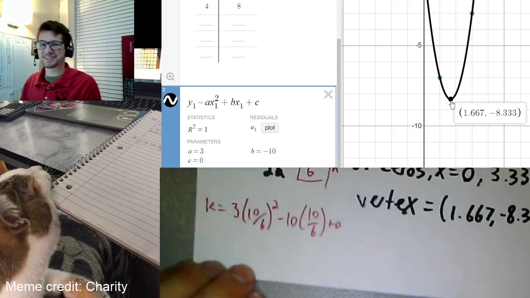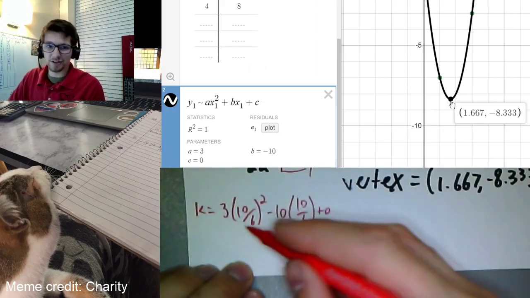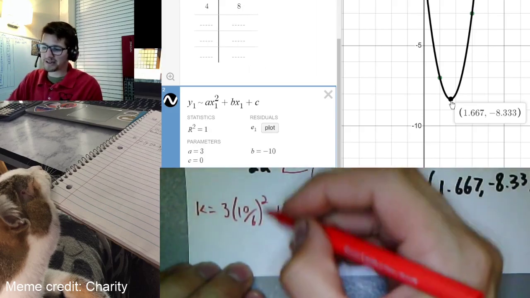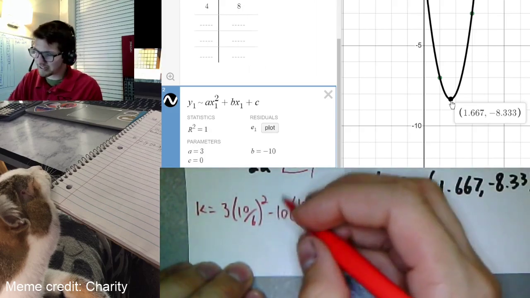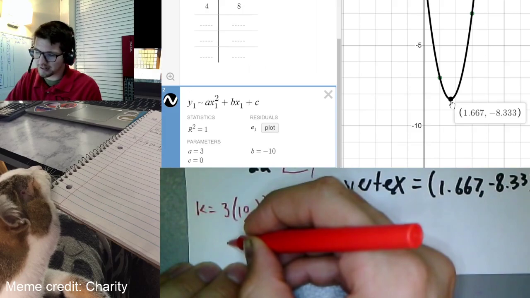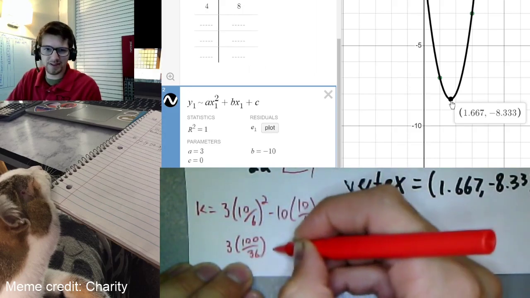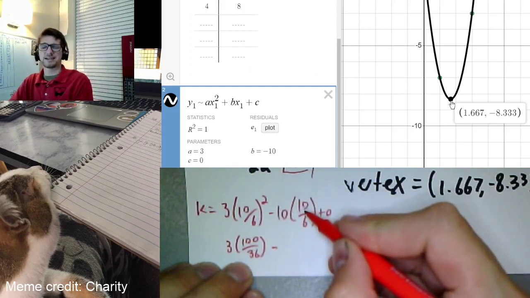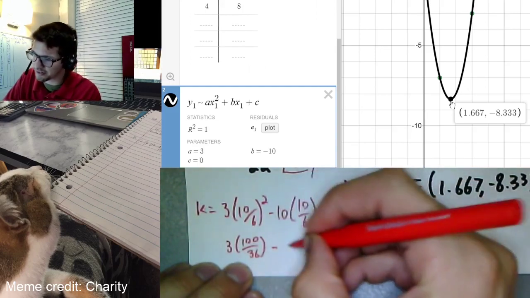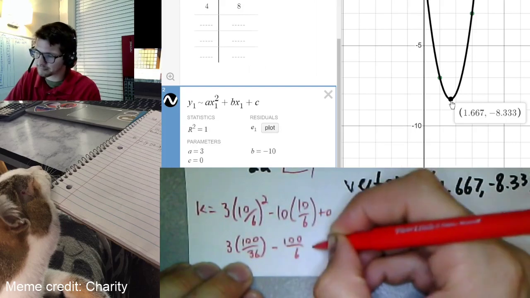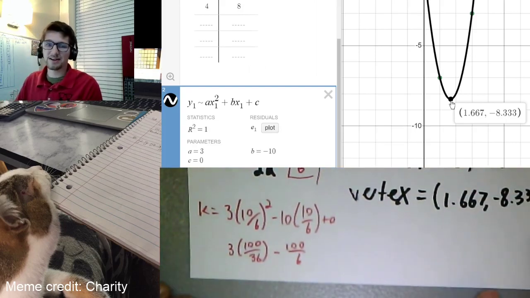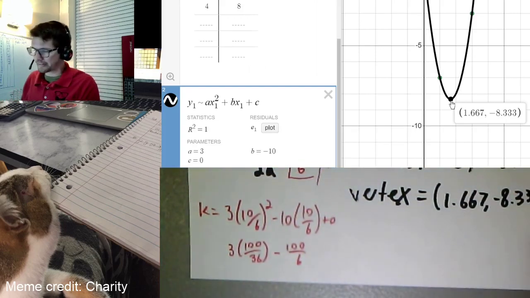Now I got to solve this sucker. So 10 over 6 squared would be 100 over 36. So that's 3 times 100 over 36 minus 10 times 10 would be 100, 100 over 6, plus 0 is nothing. This is when I'm going to use a calculator because I don't want to do this.